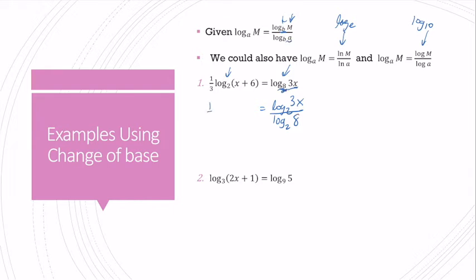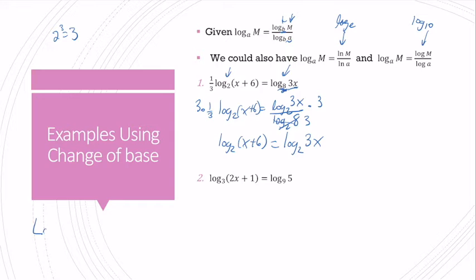That gives me 1/3 log base 2 of x plus 6. Well, log base 2 of 8 is 3, right? 2 cubed is 8. So now I can multiply both sides by 3 in order to simplify this logarithm. That's going to give me log base 2 of x plus 6 equals log base 2 of 3x.